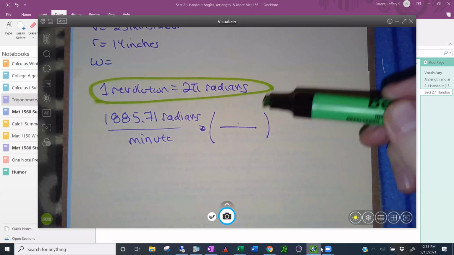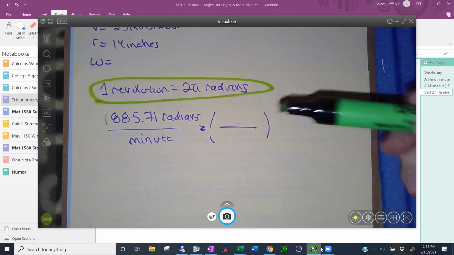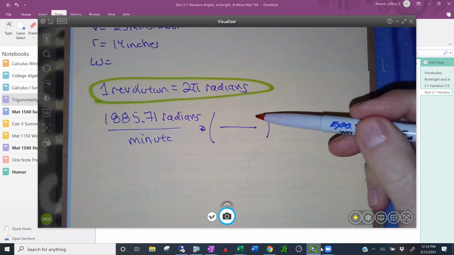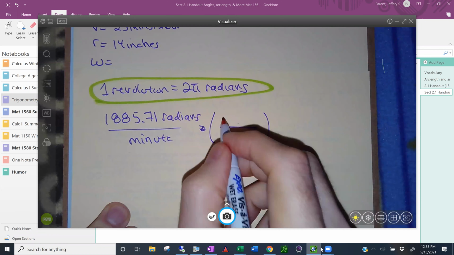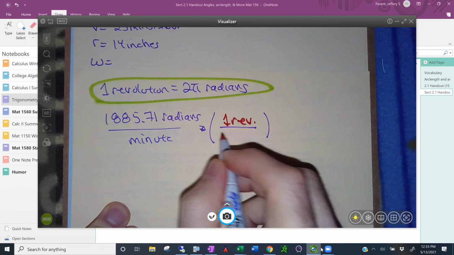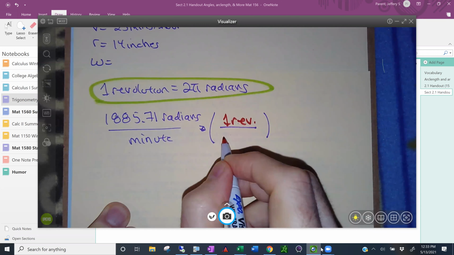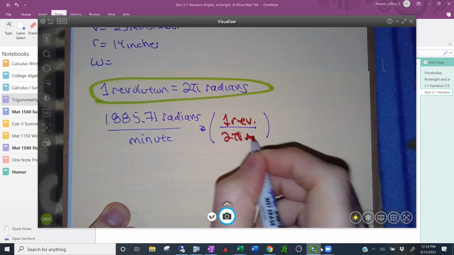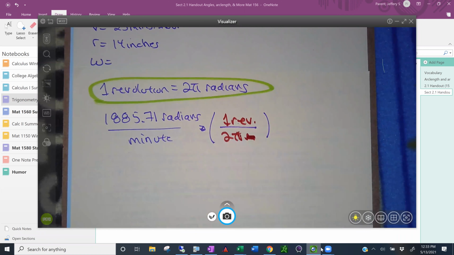What should be in the numerator? What should be in the denominator? Your chance to be a mathematical hero or heroine. What's going to go in the numerator? 1 revolution. And then in the denominator? 2 pi radians. And I'm not even going to write radians. It's just 2 pi. It's understood to be in radians. Yeah, maybe I should.